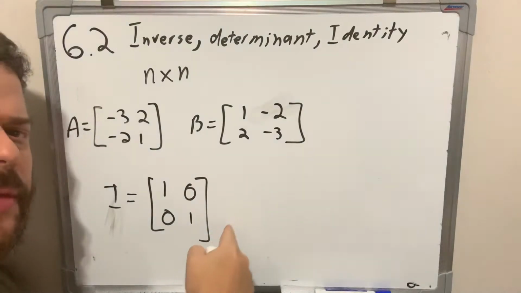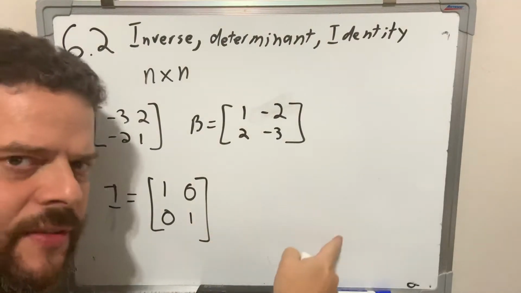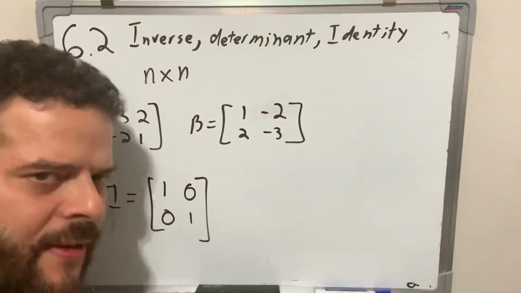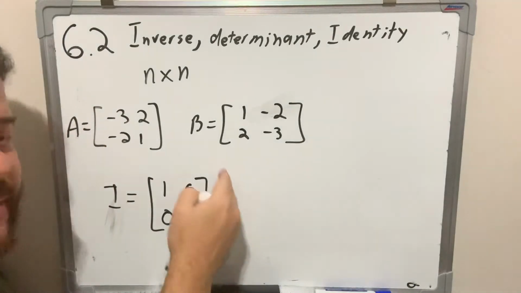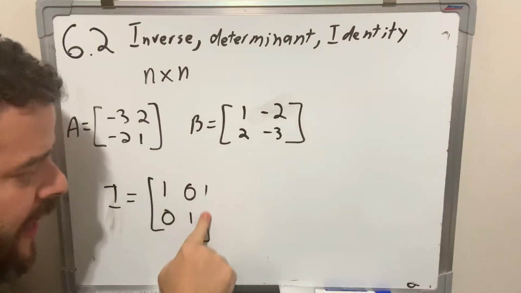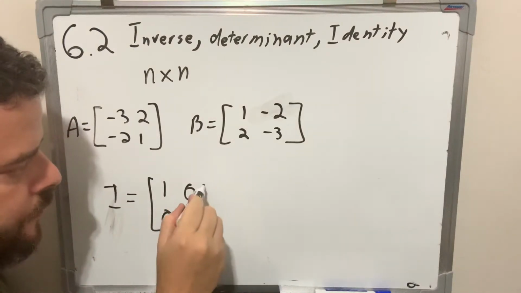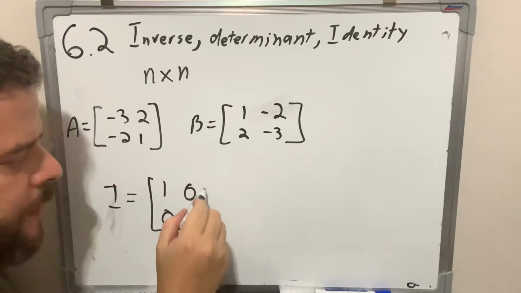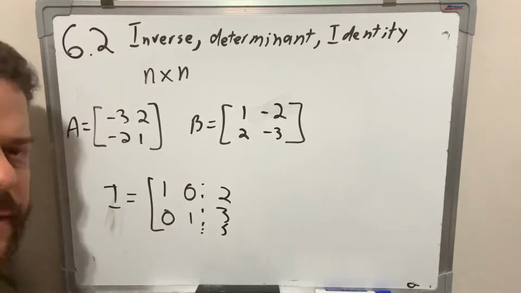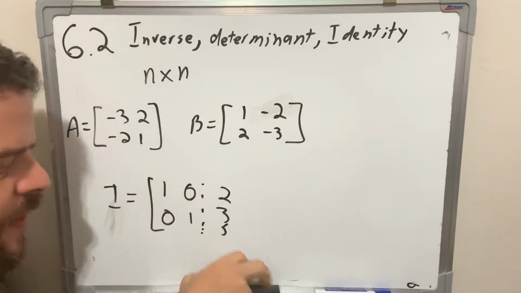In the second row, the second element is a 1, and then it's all zeros. In the third row, the third element is a 1, and then it's all zeros. Besides the constant, if there are constants, with a dotted line, besides the constant, okay? Just the identity matrix on the left-hand side, ones and zeros.